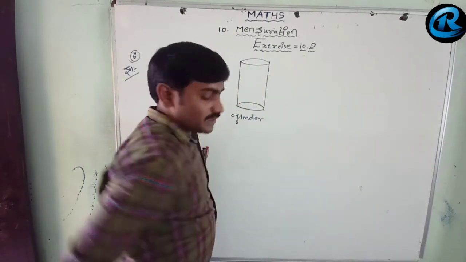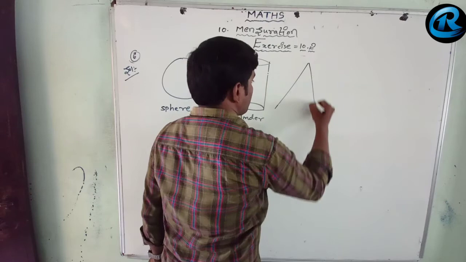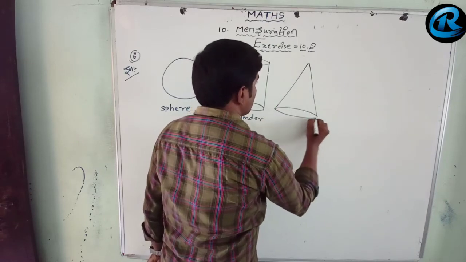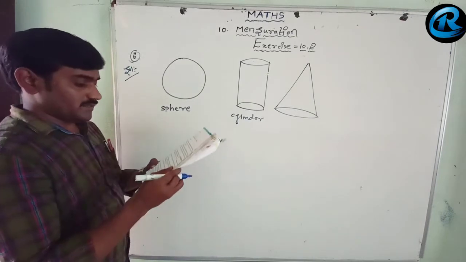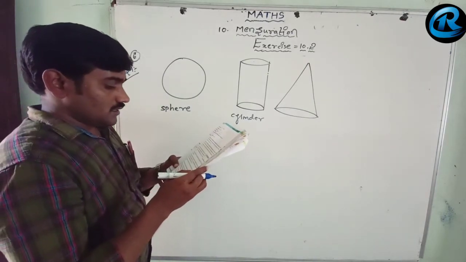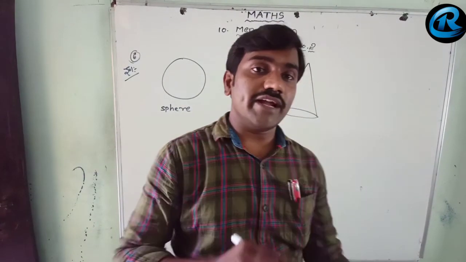See this: cylinder, sphere and cone. They have the same radius and same height. All have the same radius and same height.